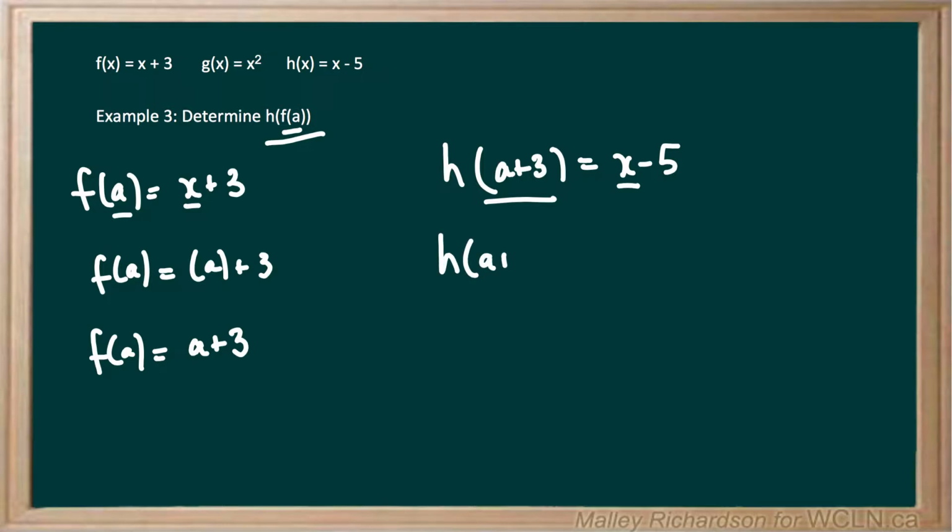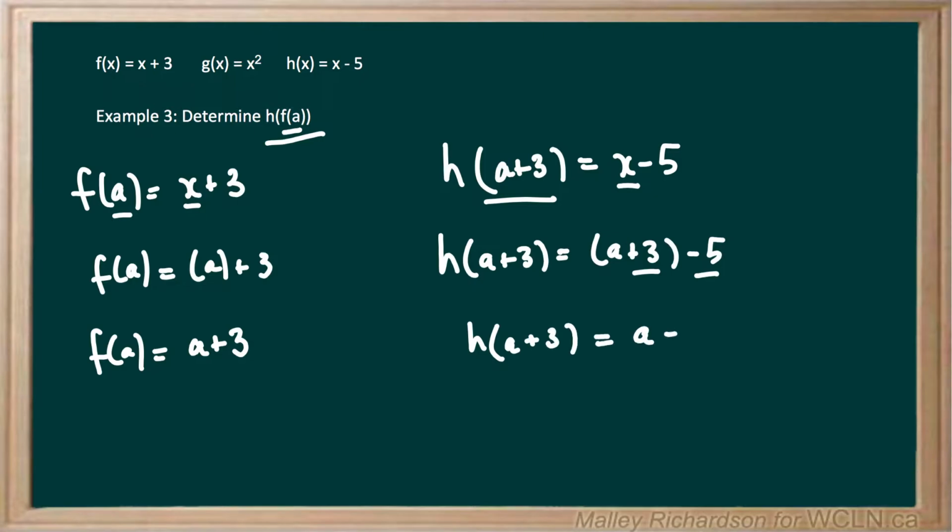So h of a plus 3 equals a plus 3 minus 5. Now simplifying this, we want to add the 3 and the negative 5, so we get h of a plus 3 equals a minus 2. So the value of h of f of a equals a minus 2.